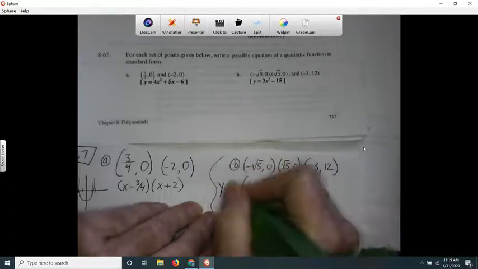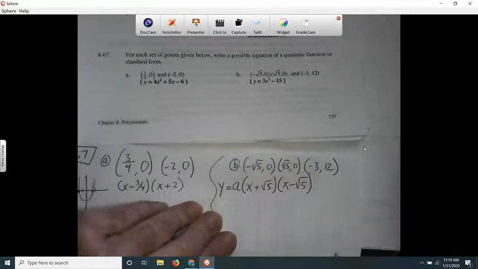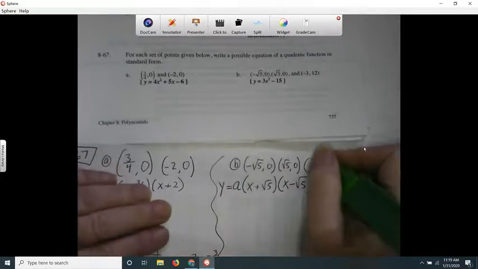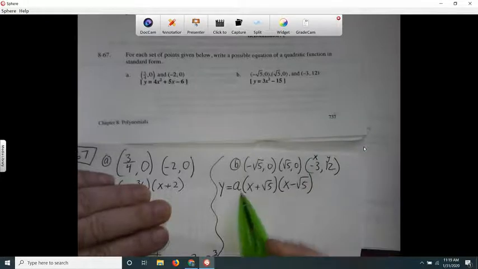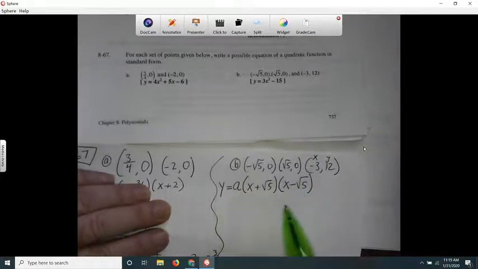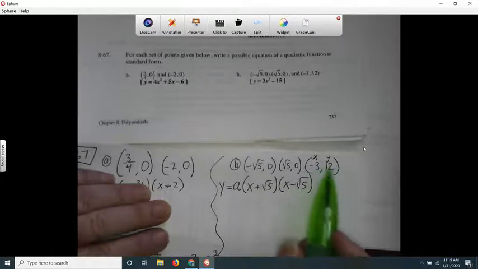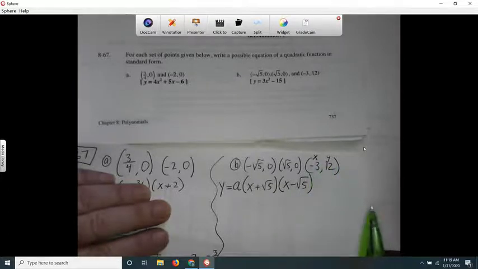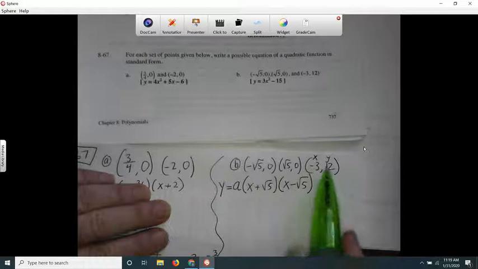So I'm going to go ahead and put an A for a stretch factor, and then plug this x and y in there. And if A turns out to be 1, I'll know that I probably didn't even have to do all that hard work, because maybe those already were on the graph, but I have a feeling they're not on the graph.